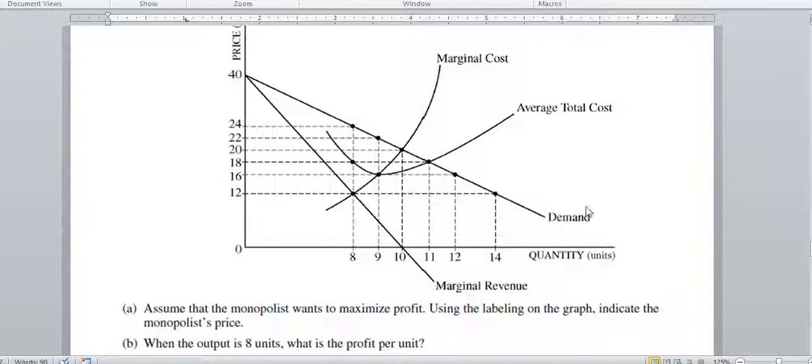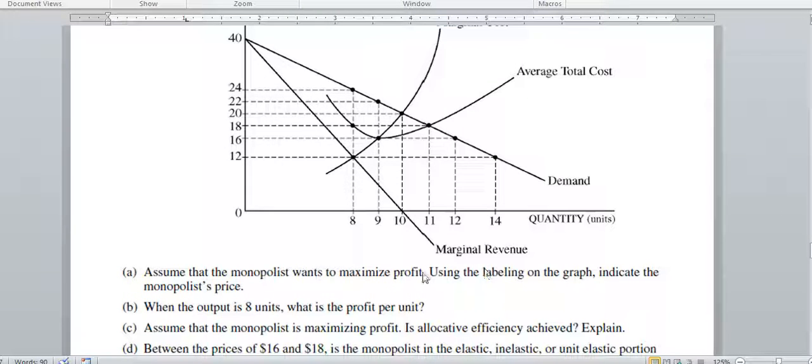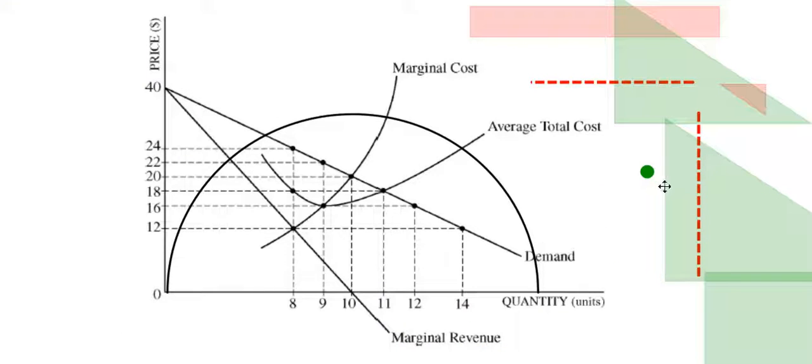So first of all, we want to assume that the monopolist is maximizing profit. Where is the price going to be? So let's jump over here. I've got the graph right here. So we want to always find that point where marginal revenue equals marginal cost, which is right here.